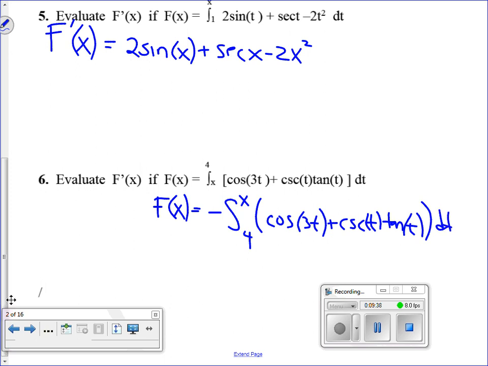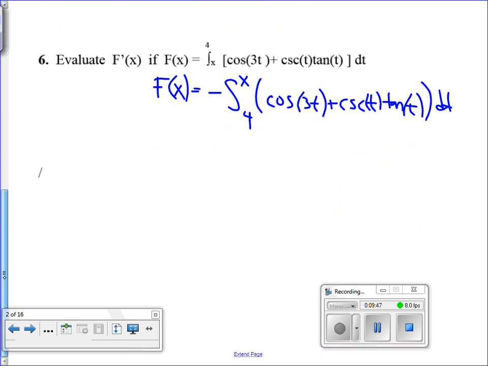So now when you go to apply the second part of the FTC, you're taking the derivative. Well, first of all, we have a minus outside, so that's going to be minus outside the whole thing. So make sure you use parentheses.